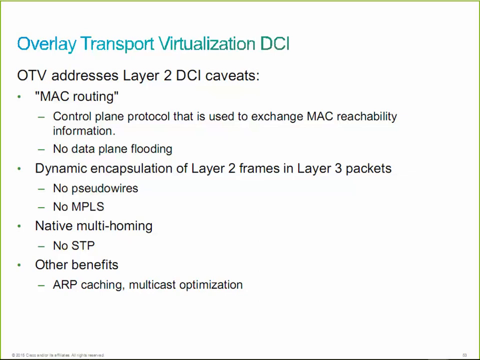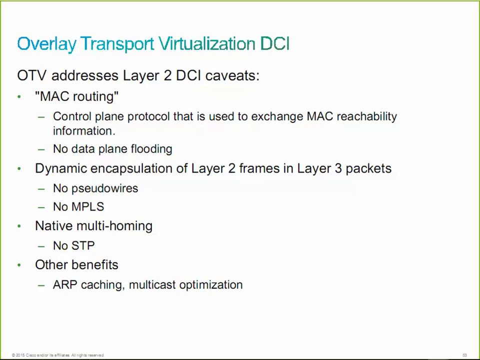It could be a Layer 2 transport, it could be a Layer 3 transport, MPLS, et cetera. So we can extend or interconnect our data centers using this OTV function. The only requirement that we have from the transport infrastructure is to provide some sort of IP connectivity between our remote data center sites, all right?